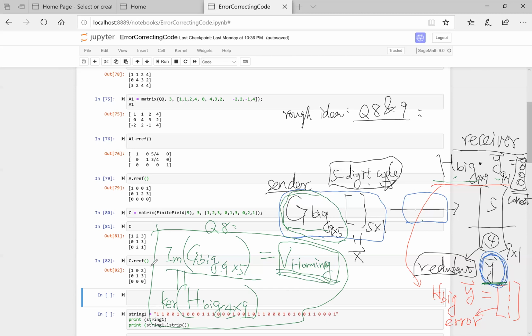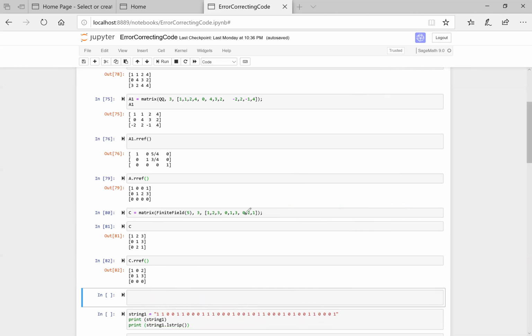If not, I'm going to move on to the actual solution of problem 9. Because we are recording this, I will basically clear everything. All right, so now let's say problem 9.